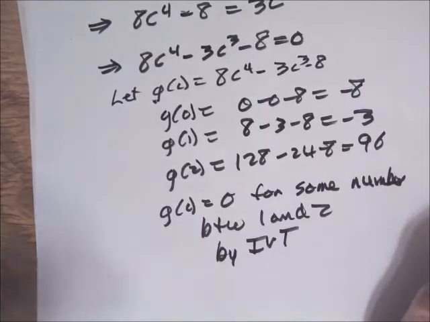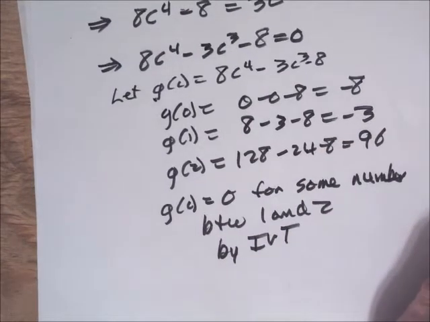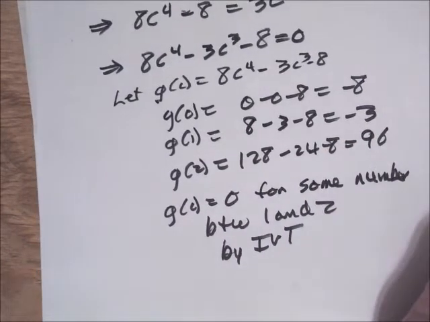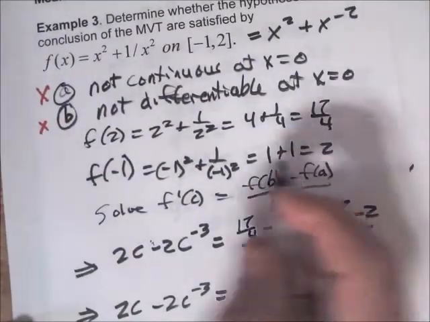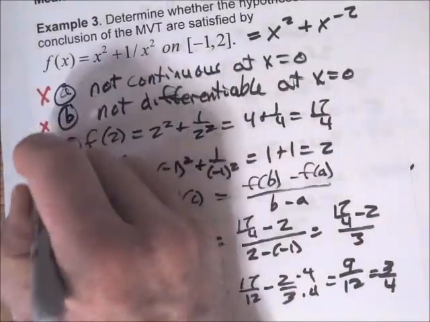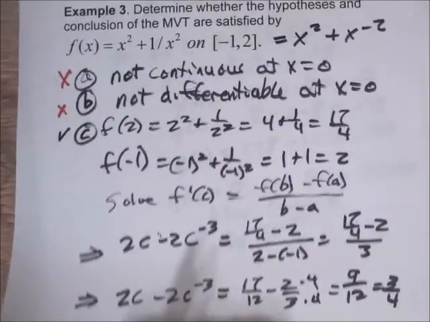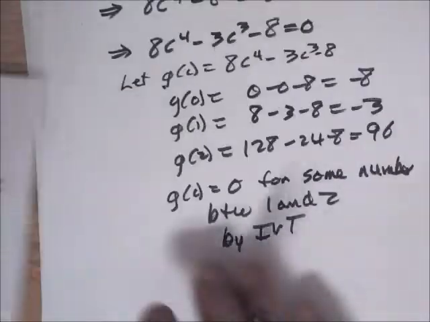So this one is difficult to solve, but the intermediate value theorem says there is some kind of solution there. So the conclusion actually is true in this case, even though the hypotheses were not satisfied.